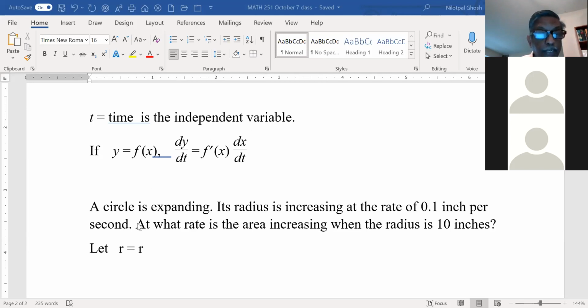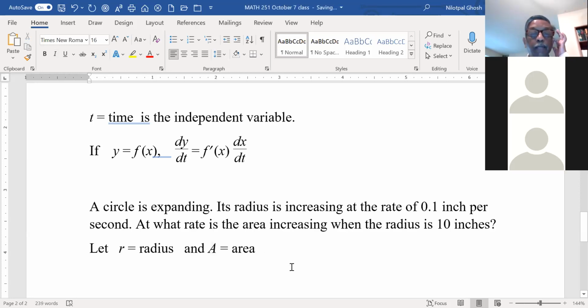So let R equal the radius at any time. R is a function of time because R is changing. And A equals area. You can use anything you like; it's your choice what letter you use to denote it. A is the area at any time. What is the relationship between these two primary variables?